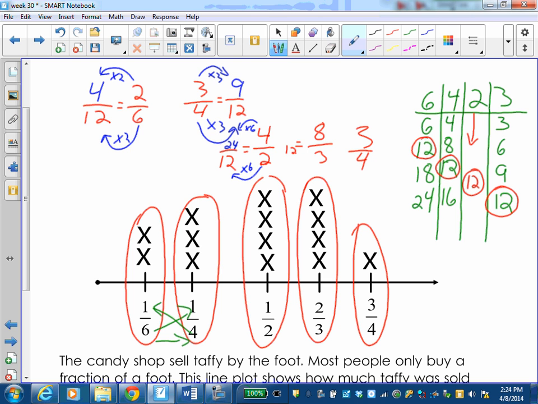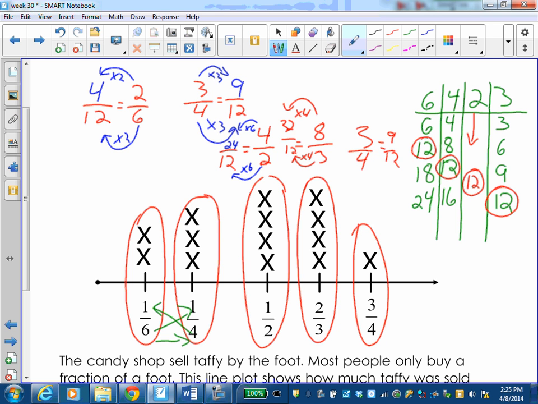Needs to be something over 12. And 3 times 4 equals 12. So 8 times 4 equals 32. And then I already did 3/4. And I know that 3/4 is equal to 9/12. Okay? So this looks a little sloppy.